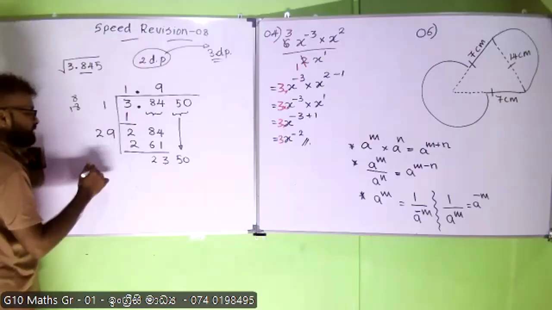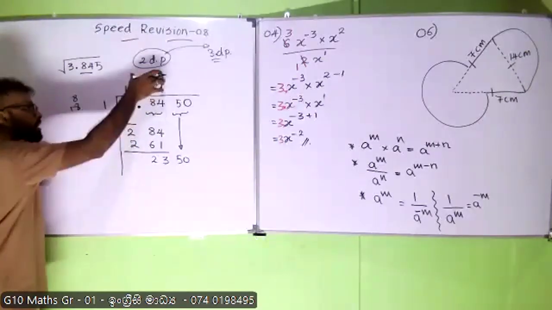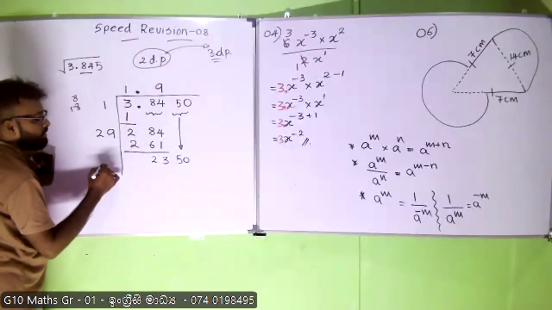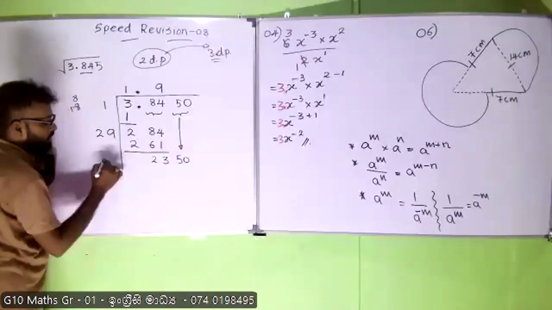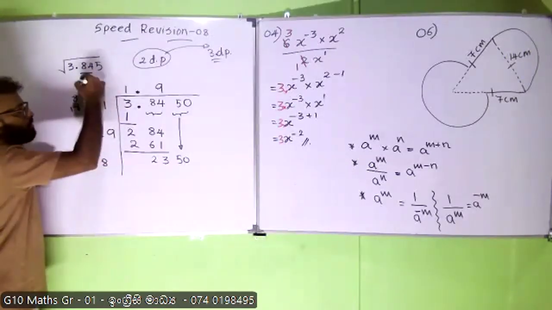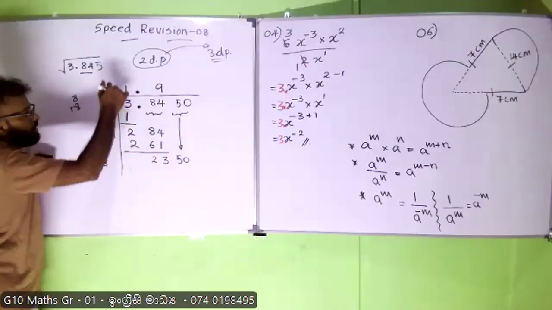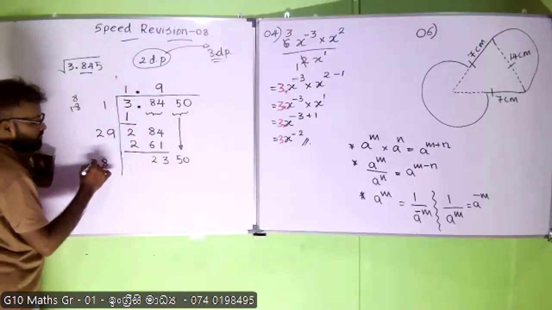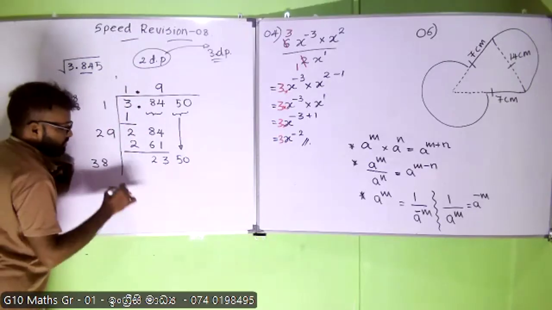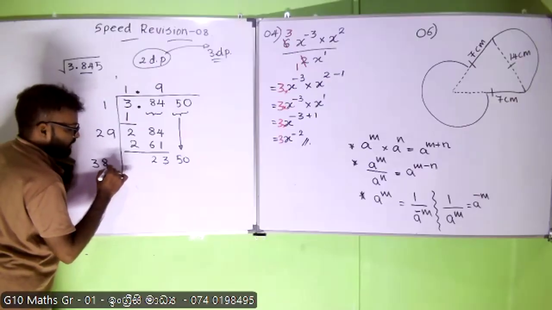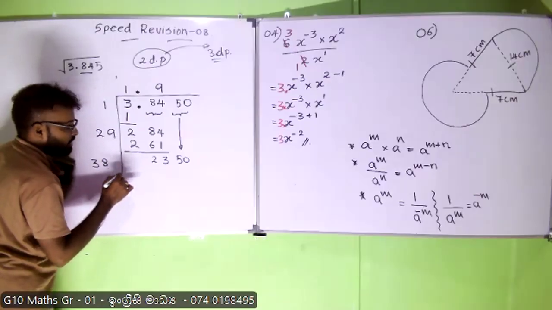Now what is this? 19 and double it. So 19 here. If you double it, 2 times 9, 18. 2 times 1, 2 plus 1, 3. 38. So how many 38s are there?